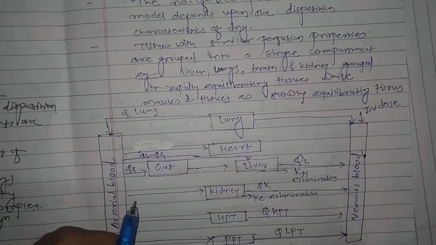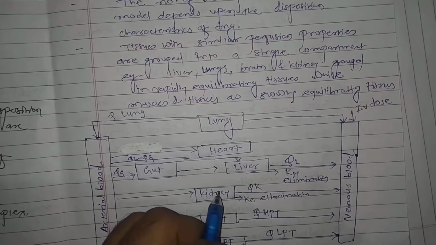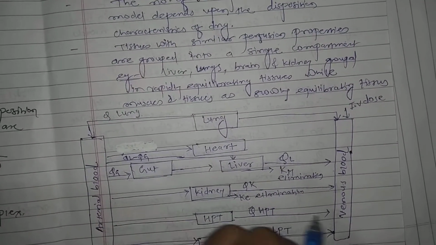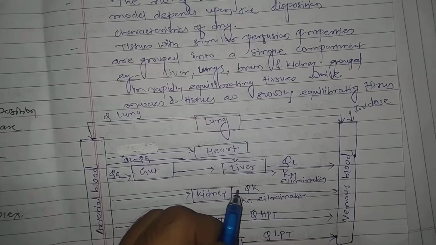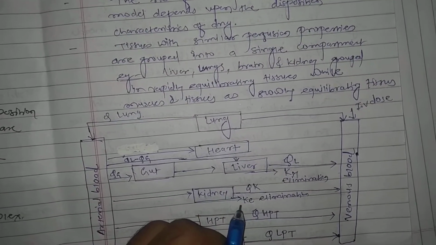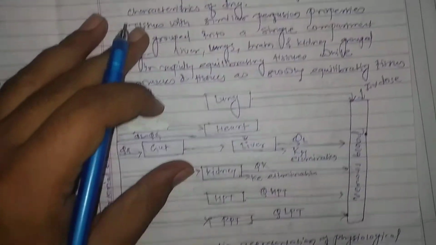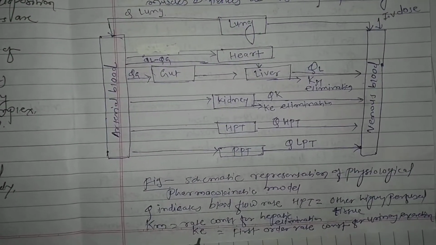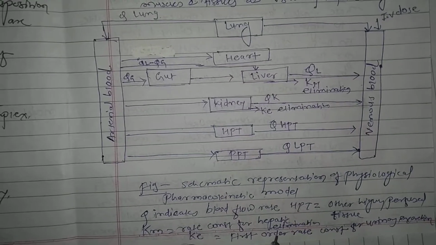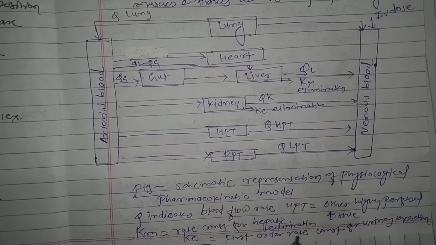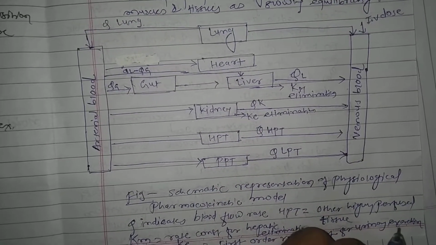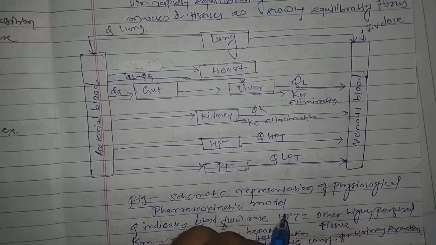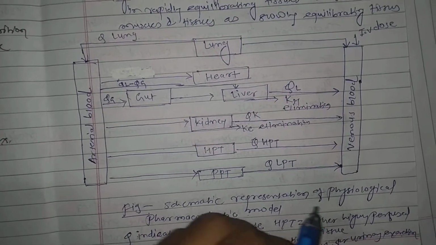Here we can see from the arterial blood vessel to the kidney and from kidney to the venous blood supply, that is QK, that is KE elimination. So what is Km? Km is a rate constant for the hepatic elimination. K is the first order rate constant for urinary excretion, and HPT is the other highly perfused tissue.